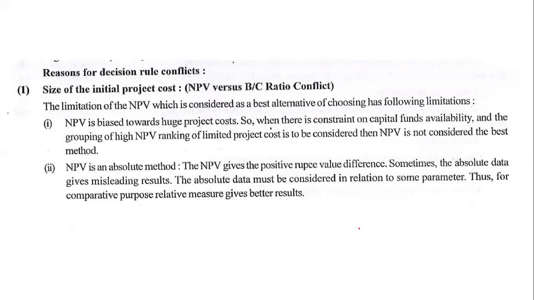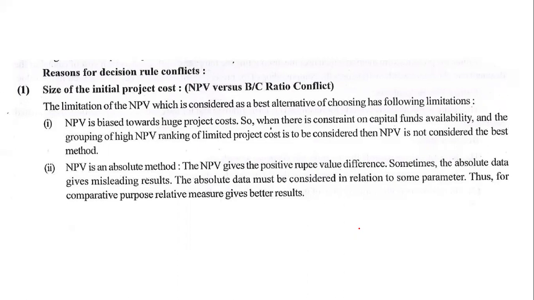Secondly, net present value is an absolute method which gives the positive rupee value differences. Sometimes the absolute data gives misleading results. Means when you see the net present value method and you get an amount in positive sign, that means you got the benefit.